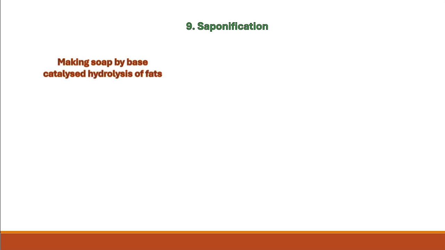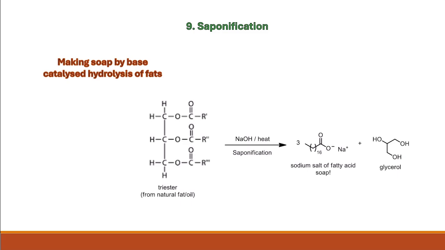Saponification is a specific type of hydrolysis of esters, used to make soap by base catalyzed hydrolysis of fat. So we know that fats are triesters of glycerol with fatty acids. If we heat with sodium hydroxide, the triester will undergo hydrolysis in the same way as any ester.